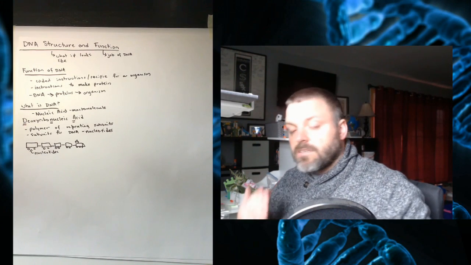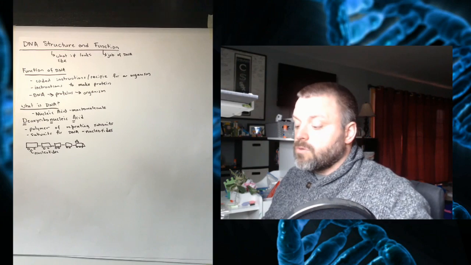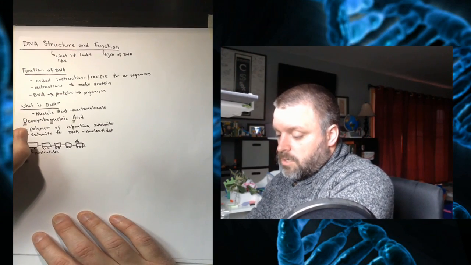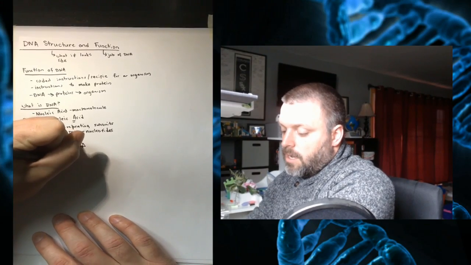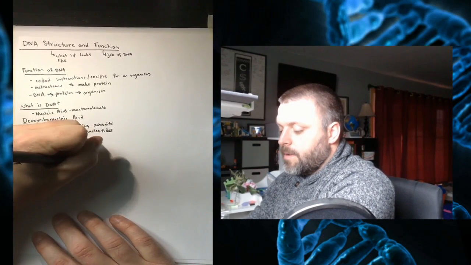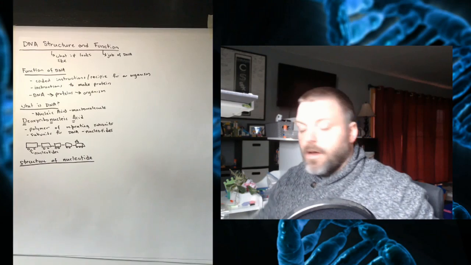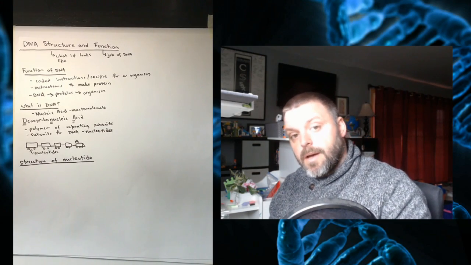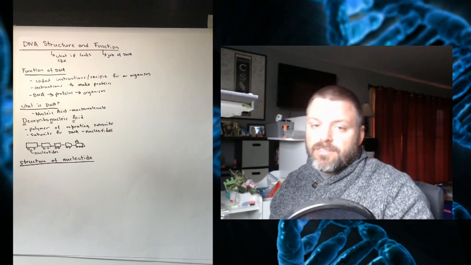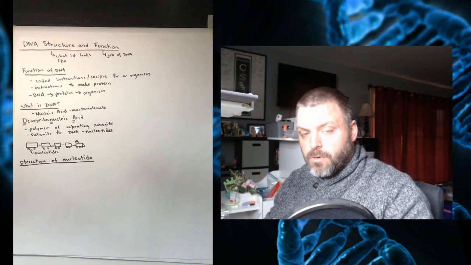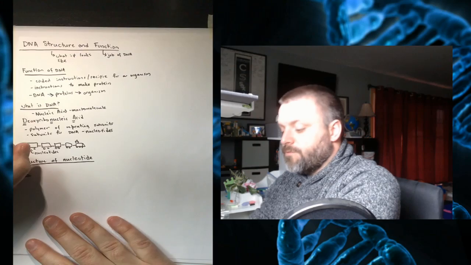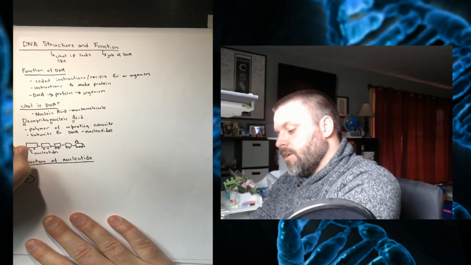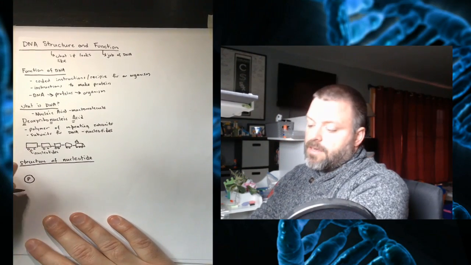All right, now we need to talk a little bit about what the structure of a nucleotide looks like. Structure of a nucleotide. Okay. A nucleotide is made of 3 parts. All right, you need to know the 3 parts, but more importantly, you need to know where it aligns in this big long chain. So the first part of a nucleotide is the phosphate group.